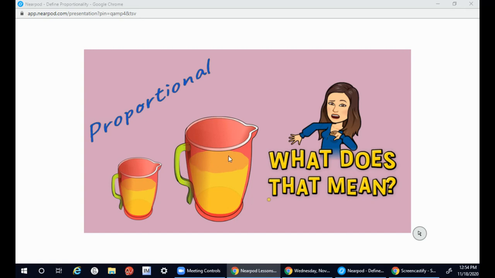And like I said, in the last unit, I talked about the bowling quite a bit. Here, y'all are going to hear me talking about making that lemonade or making that Kool-Aid and making it taste good. So proportional, what does it mean? In the real world, we're making my lemonade taste good.